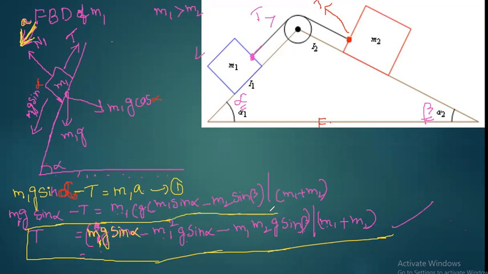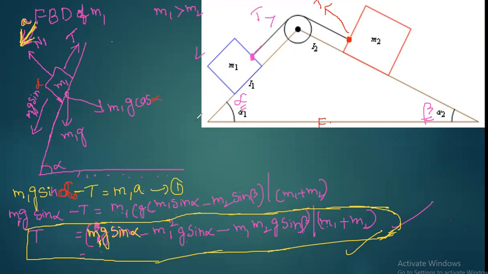Why I have written it this way is because at the beginning I wrote m1 square g, so don't confuse with that. m1g sin alpha minus m1 square g sin alpha minus m1 m2 g sin beta by m1 plus m2. This is our tension when the two inclined planes are acting with the angles alpha and beta.